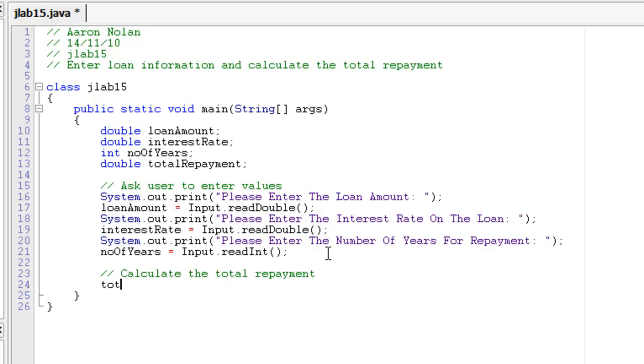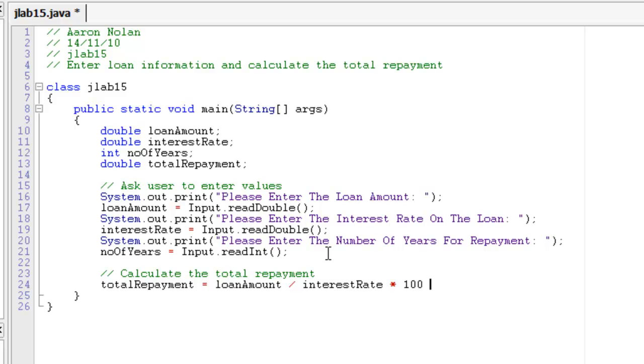Anyway, let's see, totalRepayment is equal to loanAmount divided by the interest rate multiplied by 100, right? So that gets us how much interest there is.